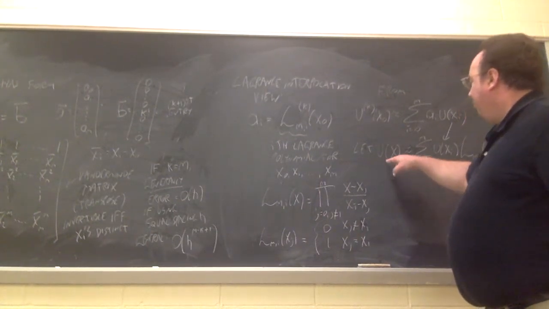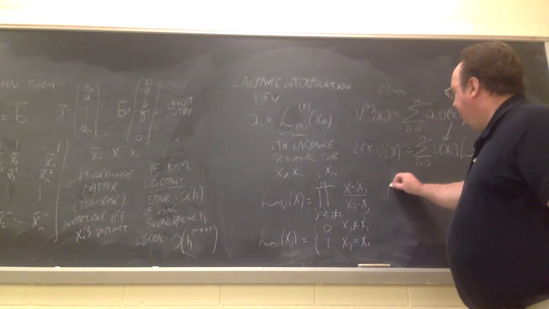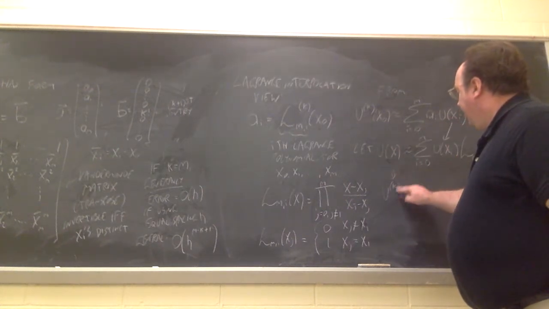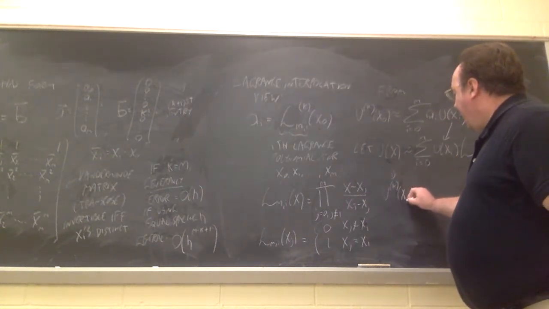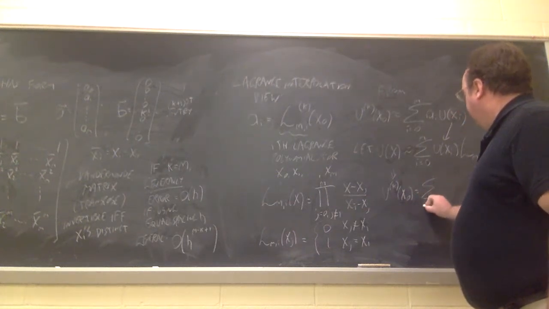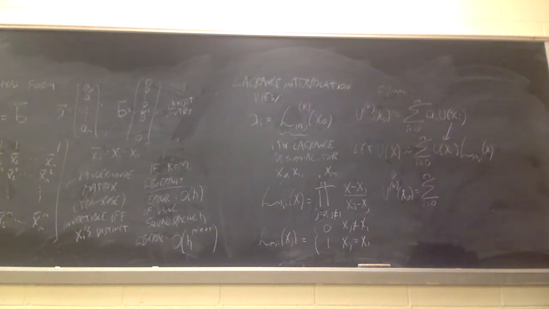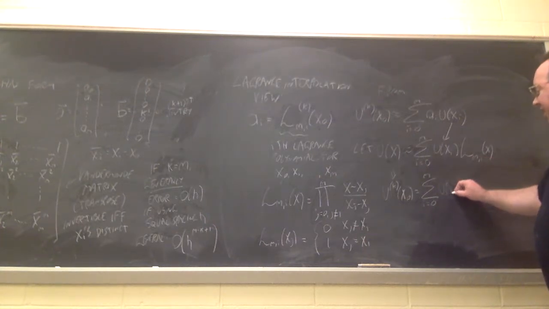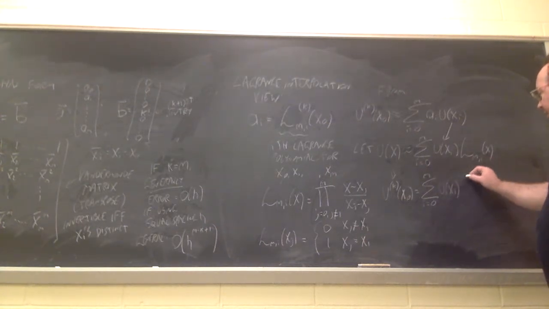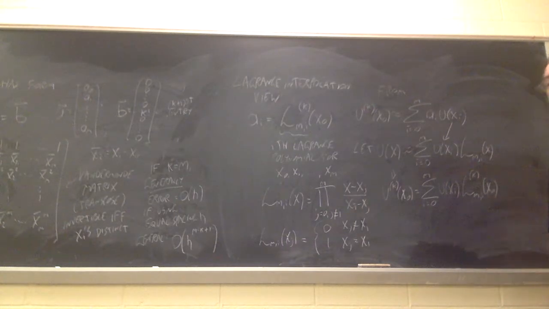But now, what I want is a kth derivative of u at x naught. So what do I do? Here, I took the kth derivative, and I plugged in x naught. So now I do that on the right side also. u of xi is a constant, leave it alone. I take the kth derivative of the Lagrange polynomial, plug in x naught.